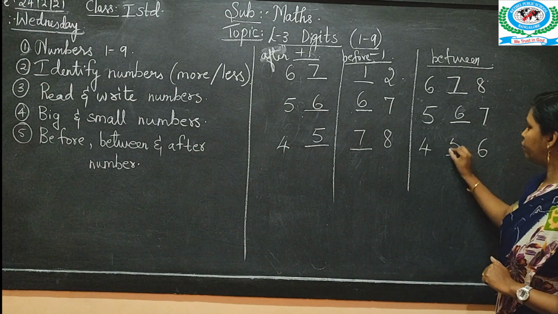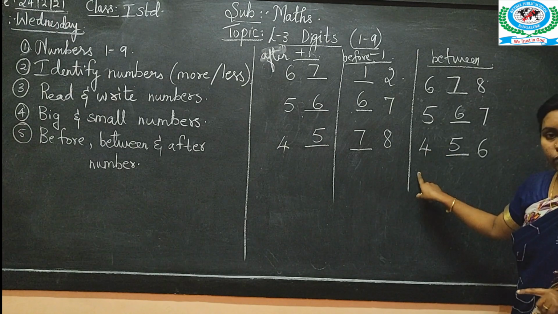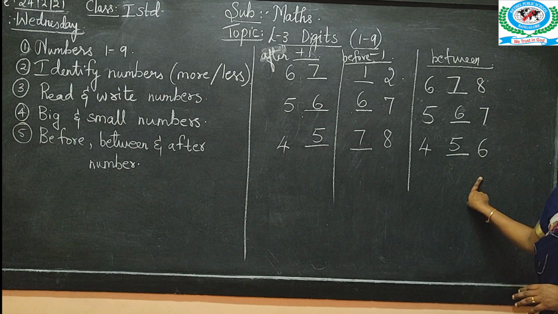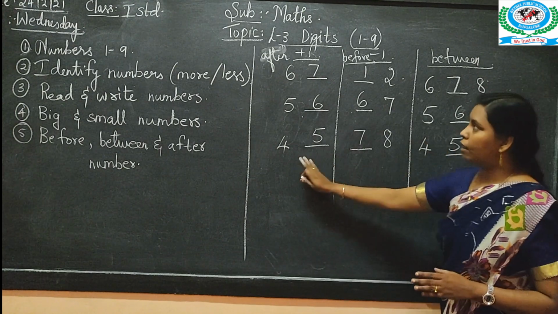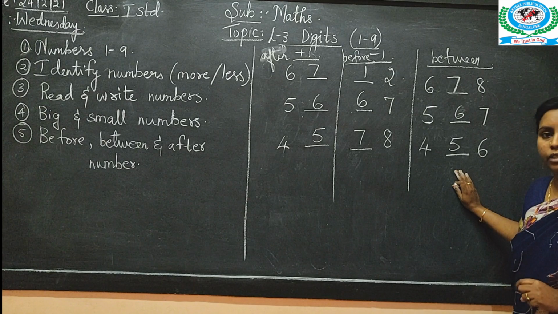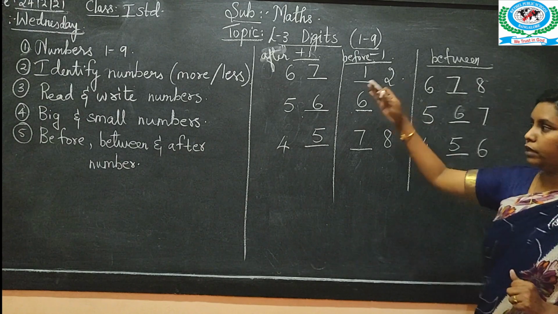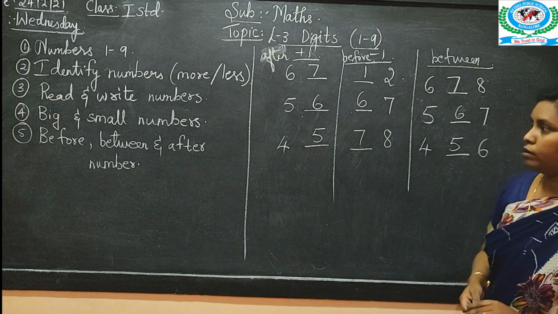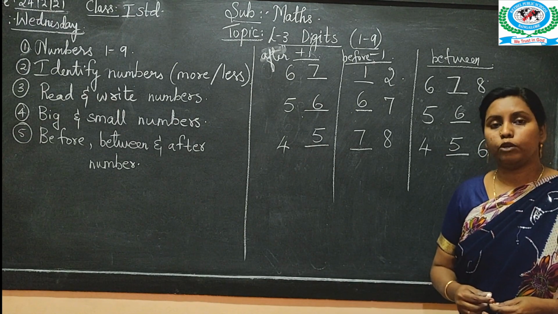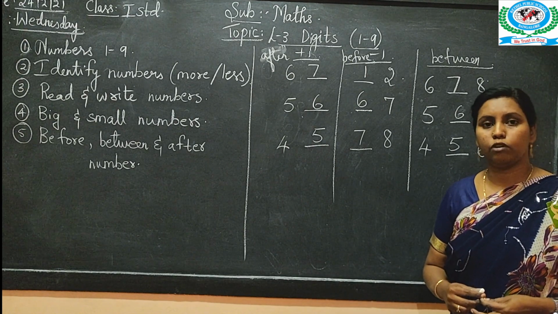It is 5, because you are adding one number here or removing one number from here. This is after, before and between. Okay, children? So these were the units discussed in today's lesson. Hope you have all understood this. Thanks for watching us.